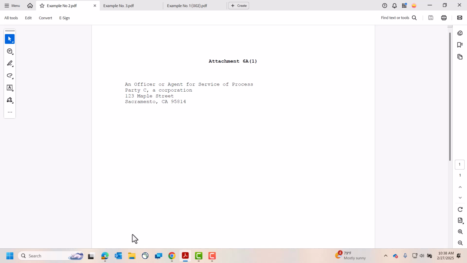Section 6B1 has also been marked, and thus attachment 6B2 must also be appended. In most cases, attachment 6B2 must be the clerk's official matrix for that case. In our example, Rule 5 service is being effected on Party B, and notice is being accomplished under Rule 5.